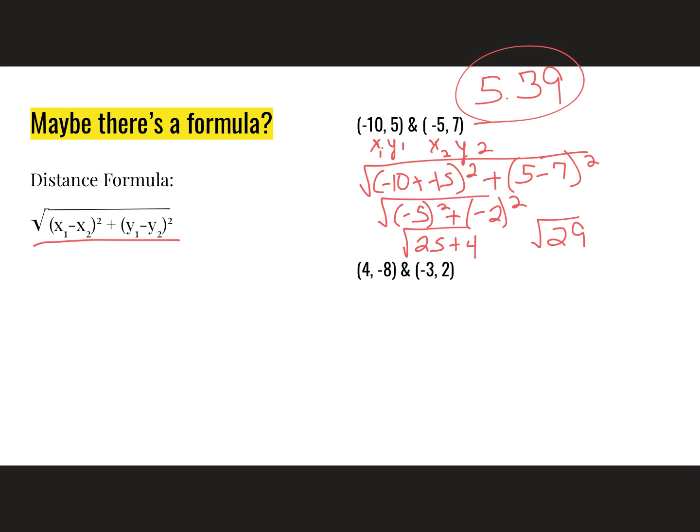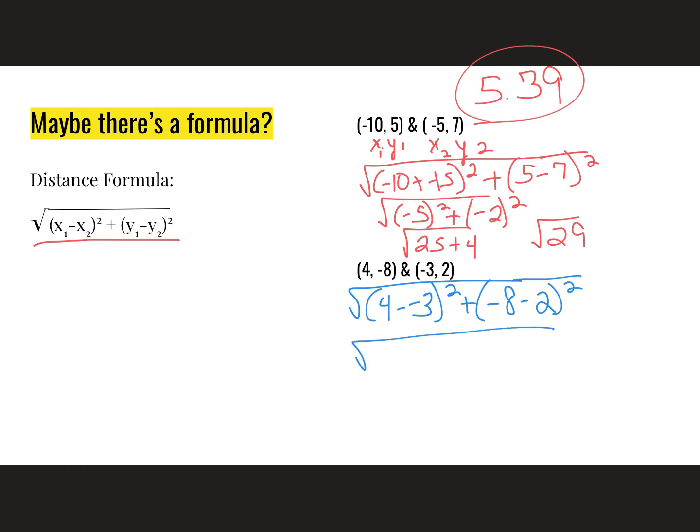Okay, and let's try the second one. We're going to do the square root of x minus x. So we have 4 minus negative 3 squared plus negative 8 minus 2 squared. So 4 minus negative 3 turns into 4 plus 3.